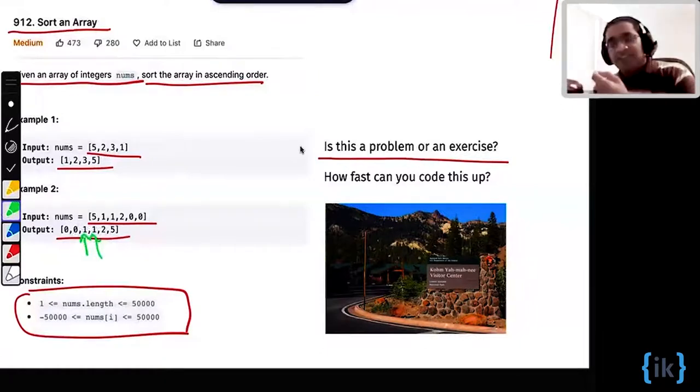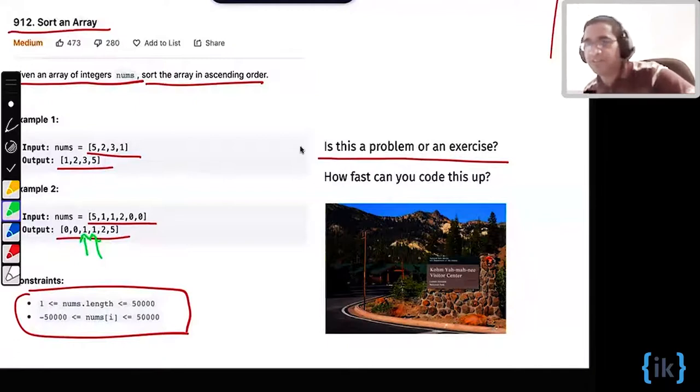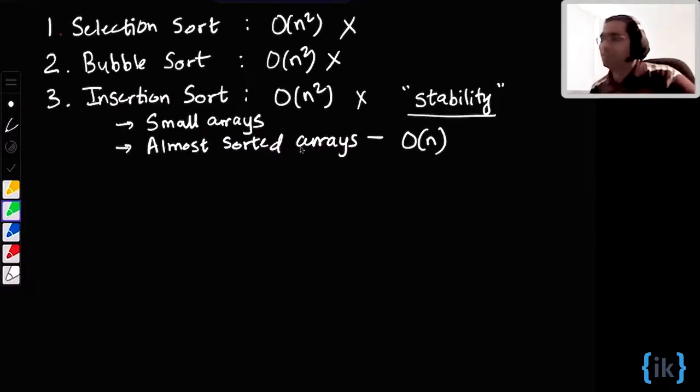But if these integers were keys of more complex objects, then it could matter which of them appears first, because they could differ in those other fields. So Heapsort, for example, is a general sorting algorithm. It doesn't assume that the input is in an array of integers. It could be an array of any kind of object. And when you're implementing a general sorting algorithm like that, it's good to have stability.